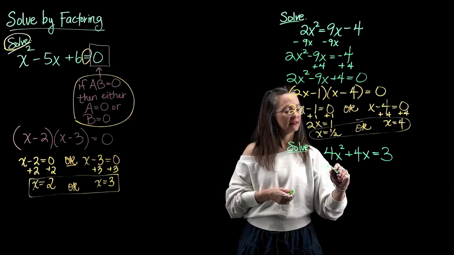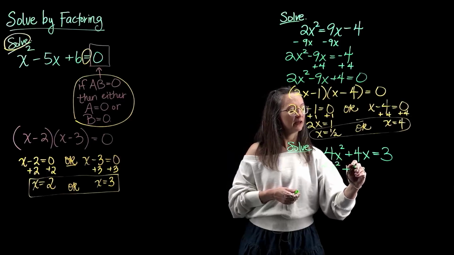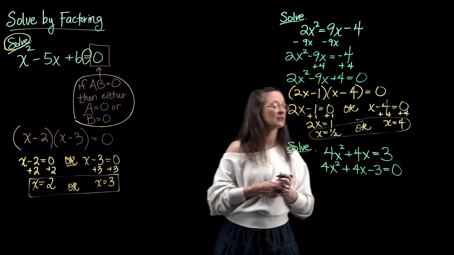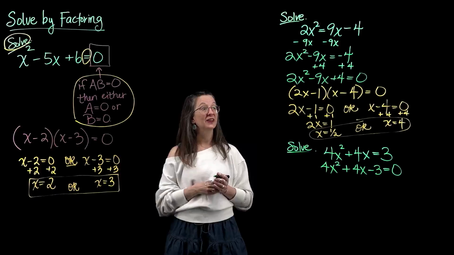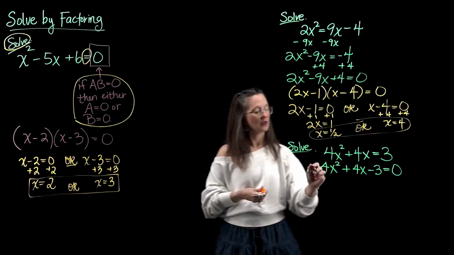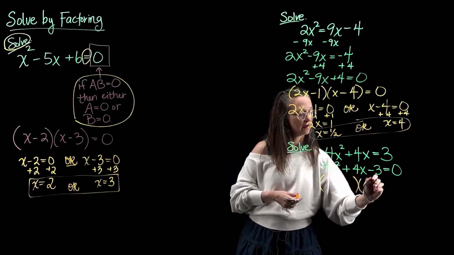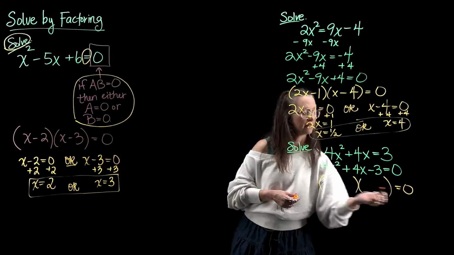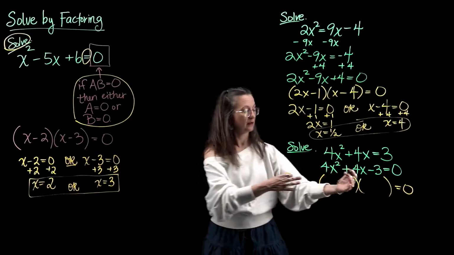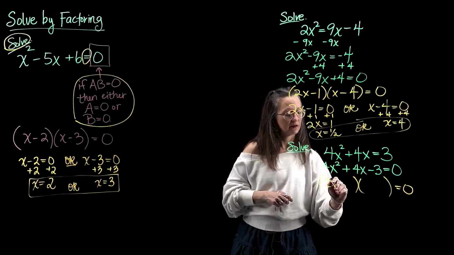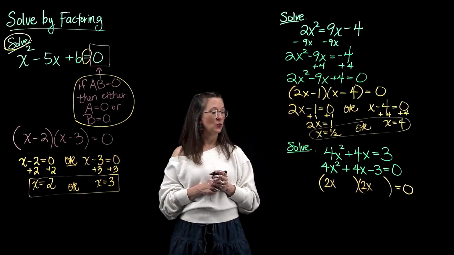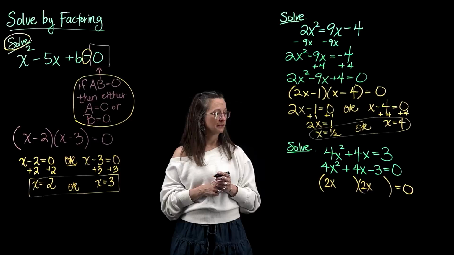So I'm going to rewrite this as 4x squared plus 4x minus 3 is equal to 0. Now we're going to factor it. All right, so to make 4x squared, these front pieces of the binomials, I'm going to set those up as 2x and 2x.